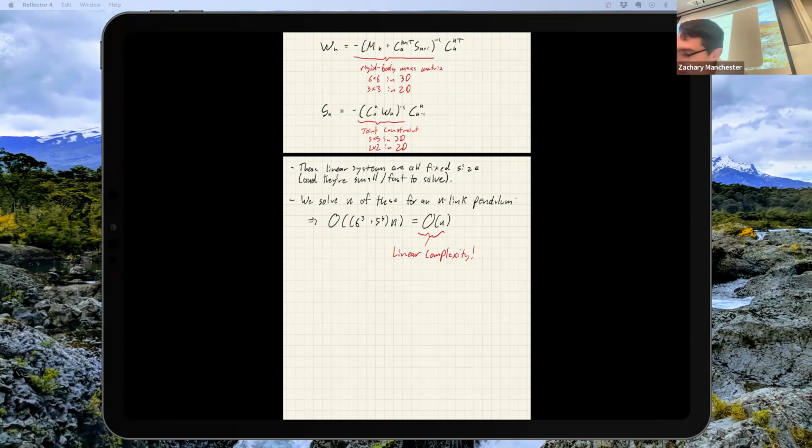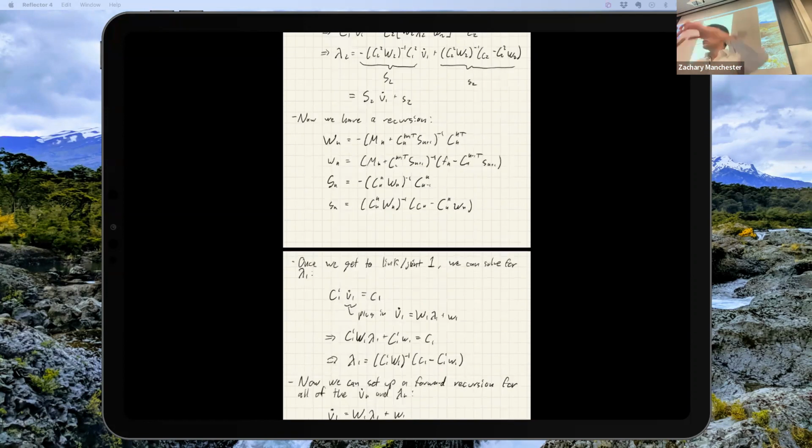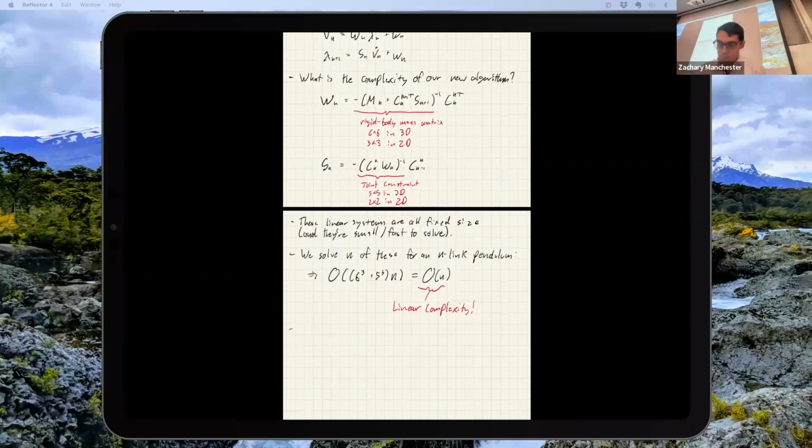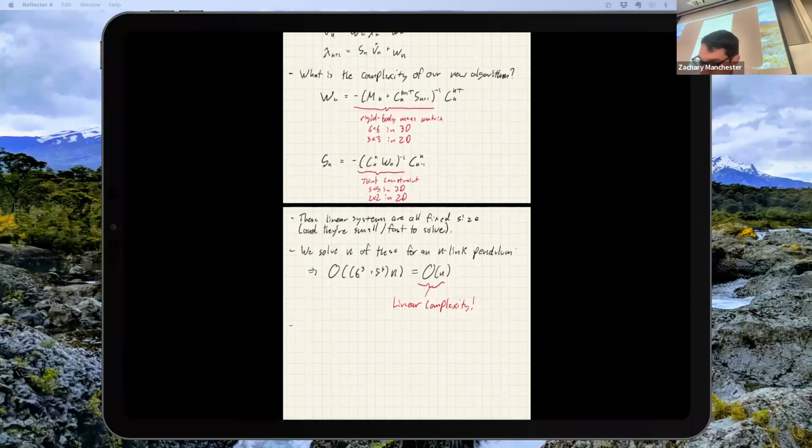Okay, so some more commentary on this. This is linear time. We did it for this really simple, totally linear serial chain thing. You can actually keep the linear time complexity for things slightly more general than that. So let's say the following thing.